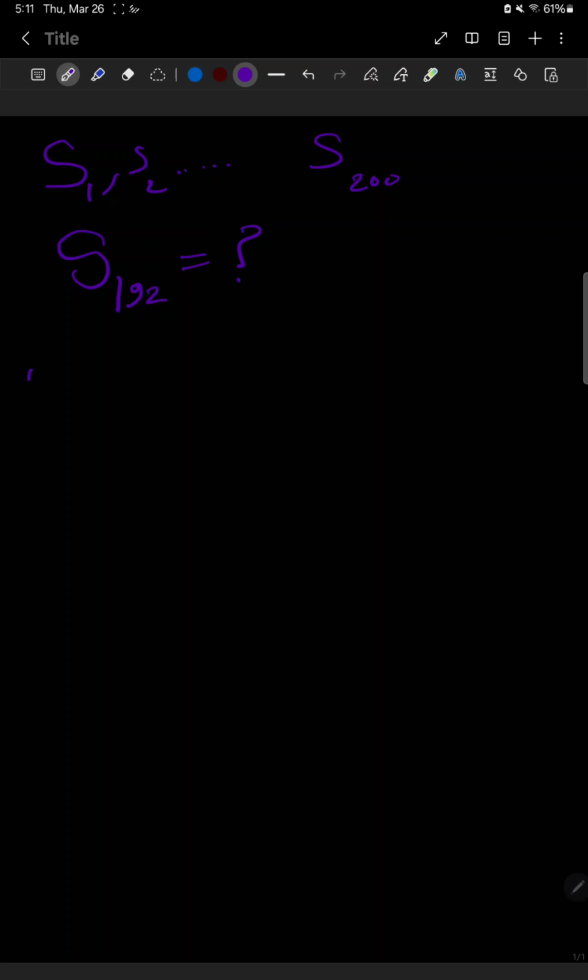The first statement he gave me says that the first term, S1, equals minus 40. Can I know by this alone what is term 192? No, I can't. So statement 1 is not sufficient alone.